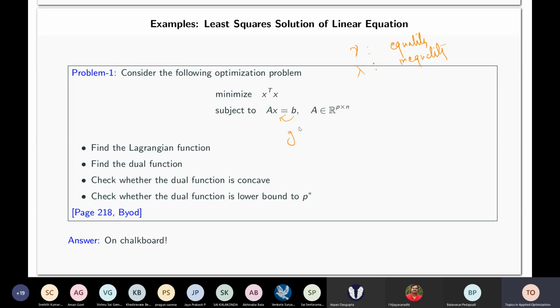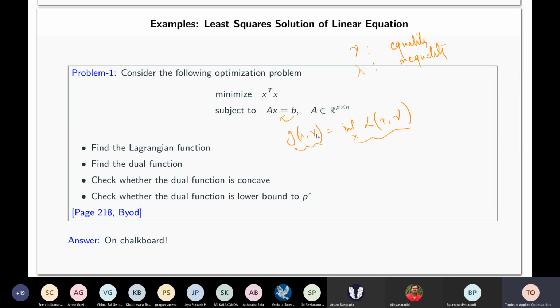The dual function is g of lambda, nu, and that will be the infimum of L(x, nu) only, because in this case lambda is not there, so we don't bother to write lambda here, and this is the infimum over x. So this is the second part. The third part is whether the dual function is concave, but only once we have found this. In other words, we have to solve this infimum problem.